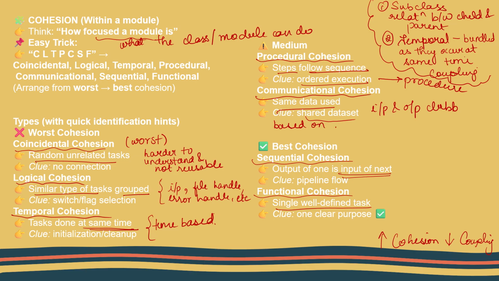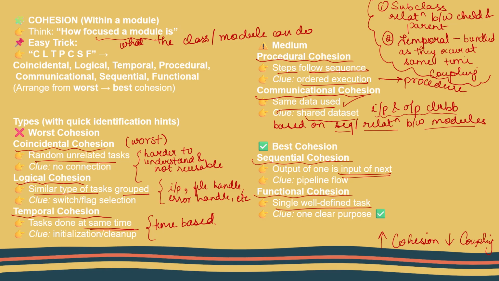Sometimes the definitions could be a little bit here and there. Like you may be seeing same data used is mentioned here, but you have altogether a different definition here, that input and output are clubbed based on the sequence or relation between modules. That is why I'm making you write these definitions also.